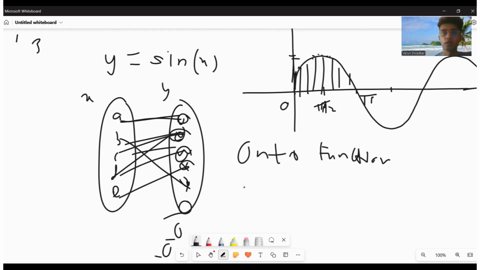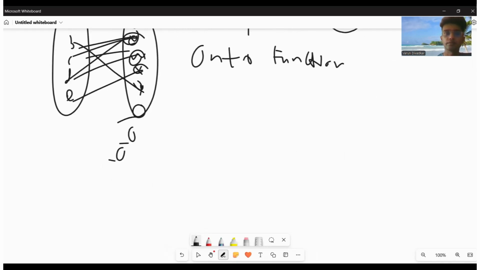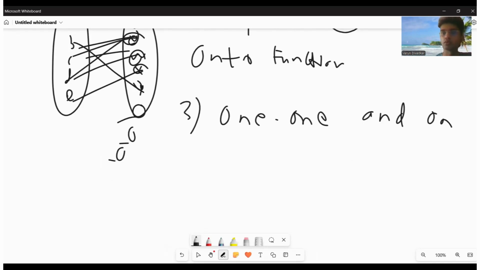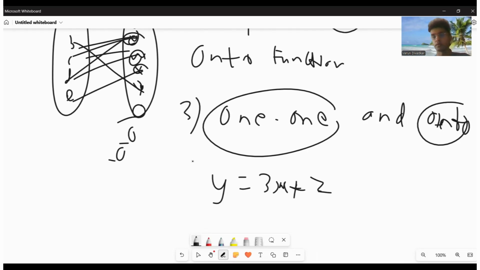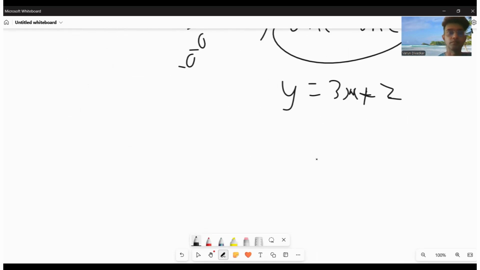And then the third one is one-one and onto. So as the names imply, it's both one-one as well as onto. Like the function, say y equals 3x plus 2, right? This is a one-one function as well as an onto function, all right? So just for namesake, a one-one is called an injective function.